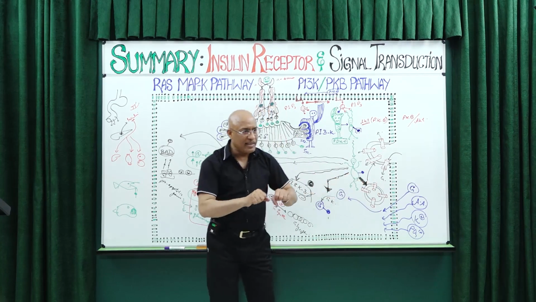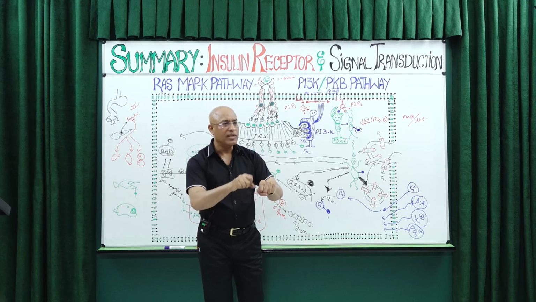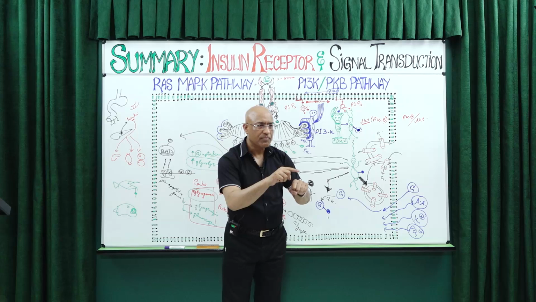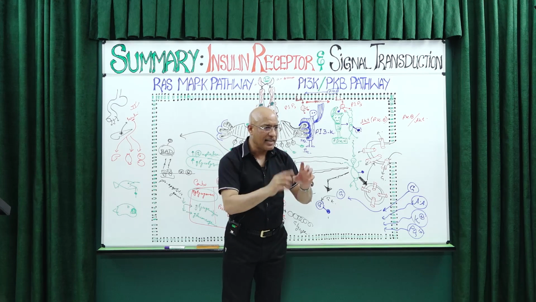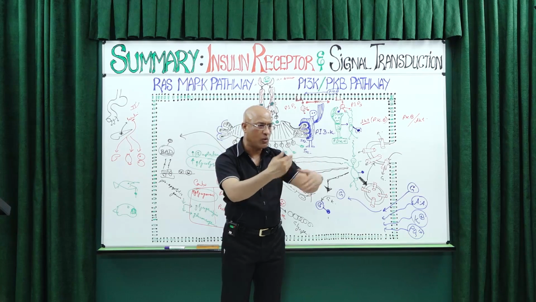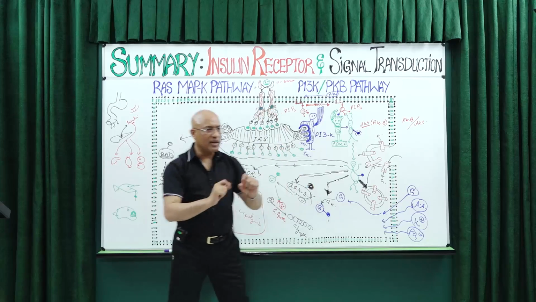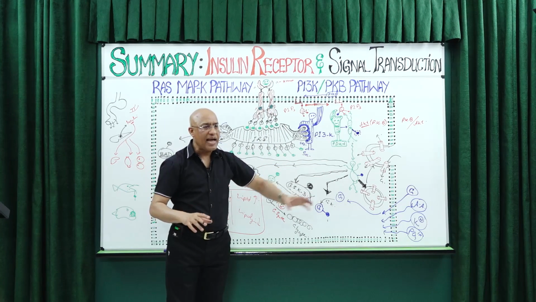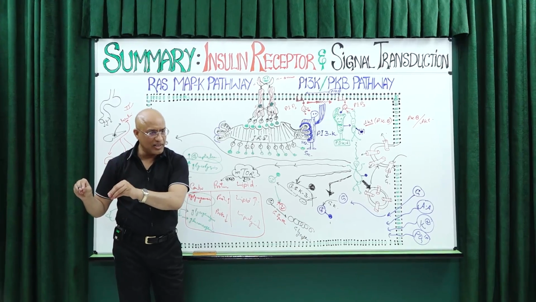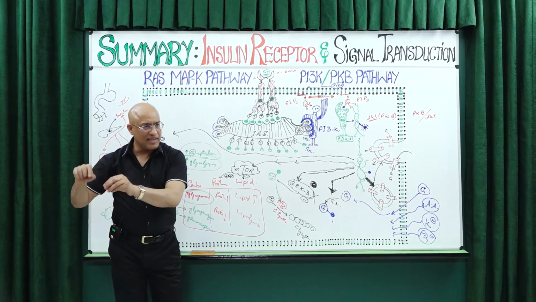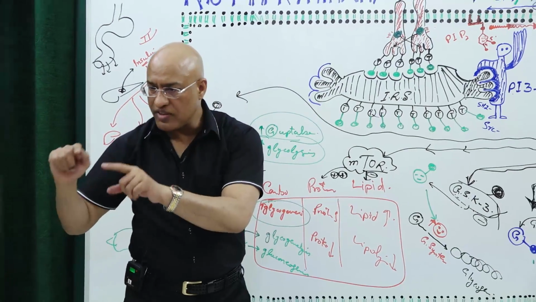After that, AKT will act in the liver, especially on which enzyme? Glucokinase, and enhance its activity or increase its expression. That will lead to more phosphorylation of glucose intracellularly, and more glucose will come in. Thirdly, AKT acts on glycogen synthase kinase 3 (GSK3) and phosphorylates it, and GSK3 will get inhibited. Once it is inhibited, what will happen?